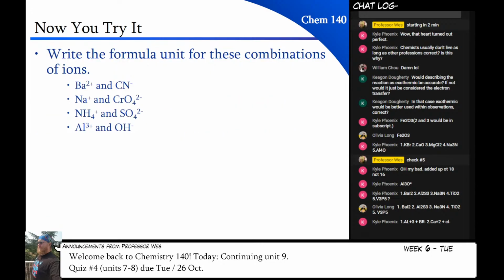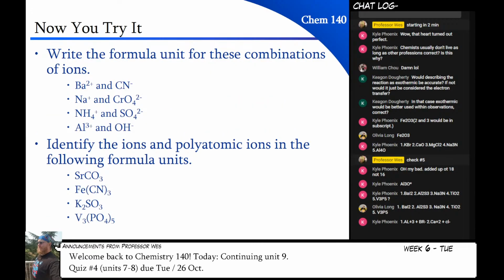All right. So I have the same exercise that we've been doing all day. Hooray. I want you to combine these ions at the top using my polyatomic ions that I've given you. And then I want you to break the ions at the bottom apart, looking for polyatomic ions. You're going to need to have that chart handy to find the polyatomic ions if you aren't aware of what they are or what their charges are.